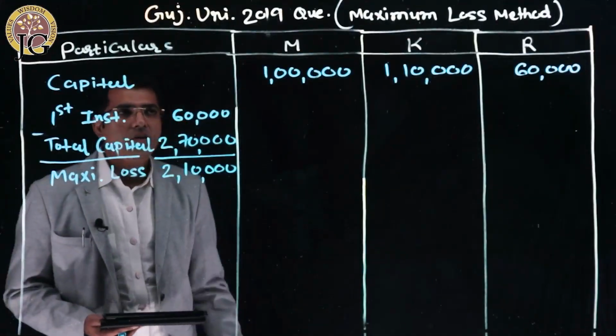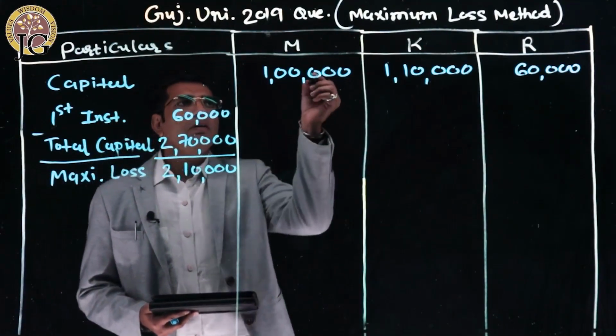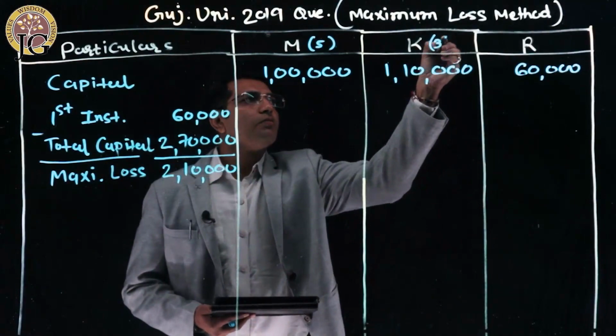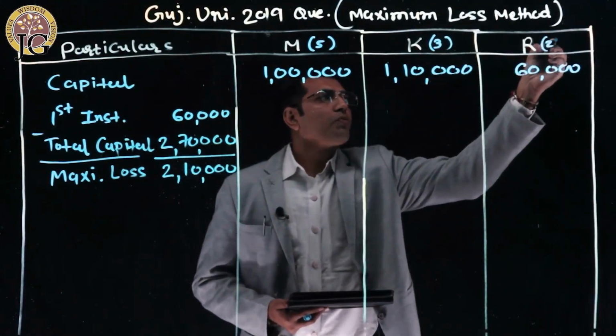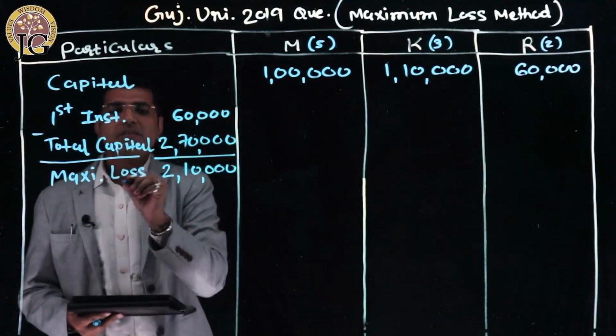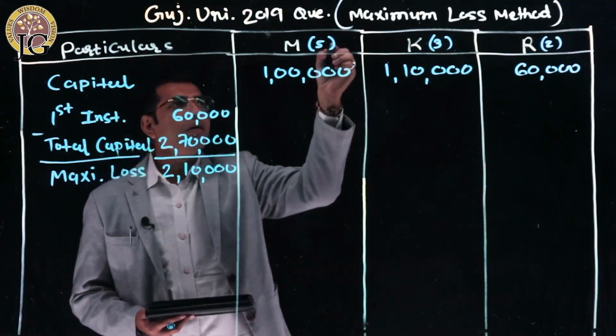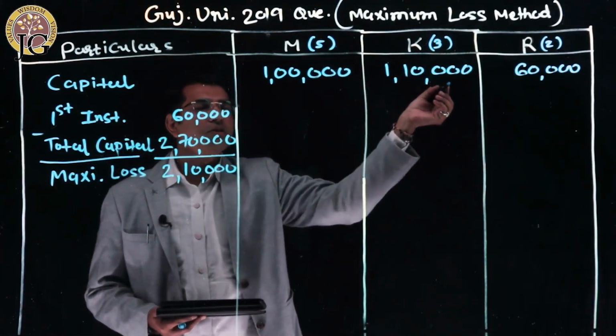In the sum, the profit sharing ratio for M, K and R is given as 5 is to 3 is to 2. So we are distributing the maximum loss of rupees 2,10,000 among the partners in the profit sharing ratio, that is 5 is to 3 is to 2.